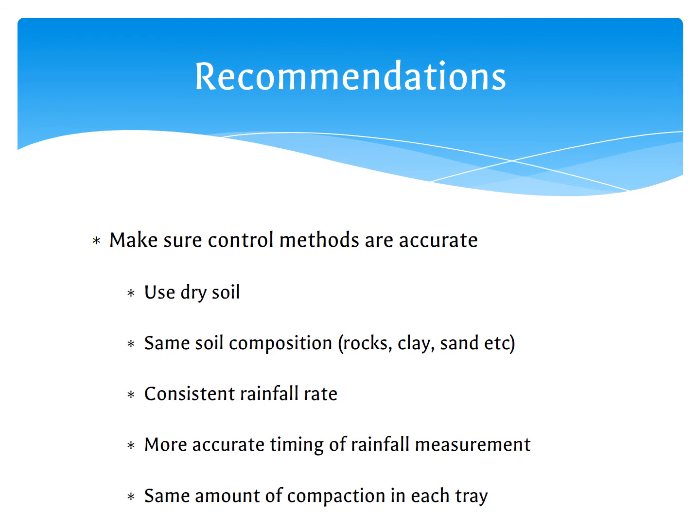If we were to run this experiment again, a number of changes would have to be made to ensure more accurate results. For one, dry, clean soil would need to be used for each tray, of relatively equal composition. The compaction of soil should also be similar, as should the surface roughness.